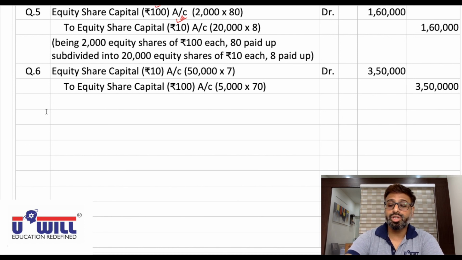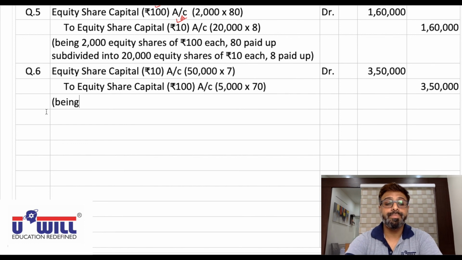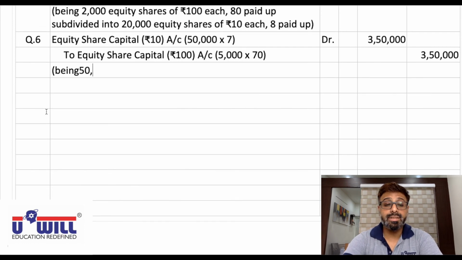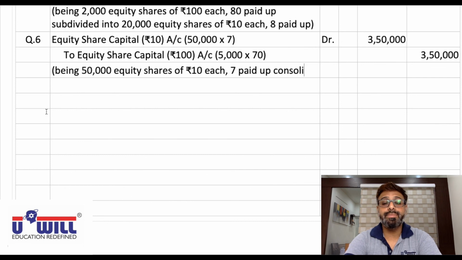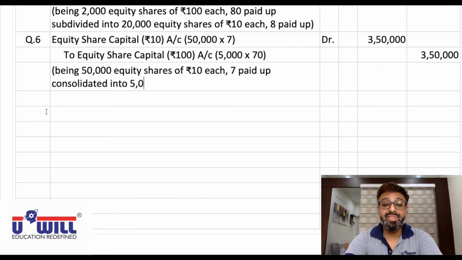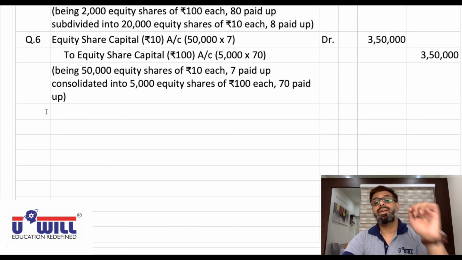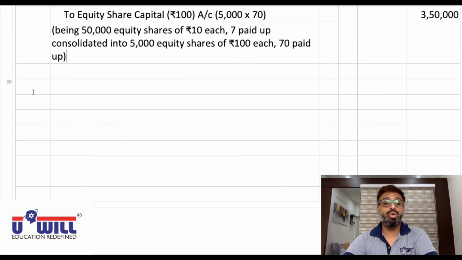So this is a question of consolidation, being 50,000 equity shares of rupees 10 each, comma rupees 7 paid up, consolidated into 5,000 equity shares of rupees 100 each, comma 70 paid up. So I hope everyone is clear with this question, no confusions with it.